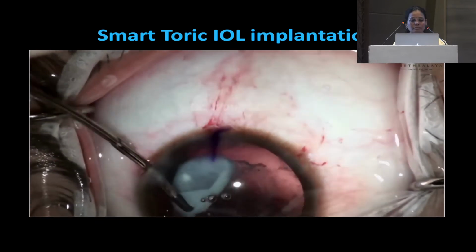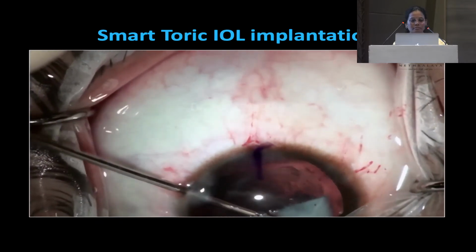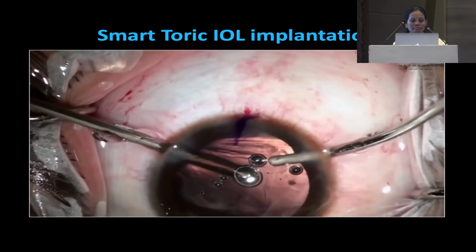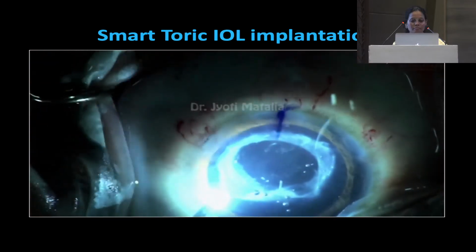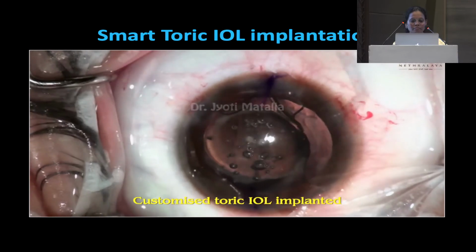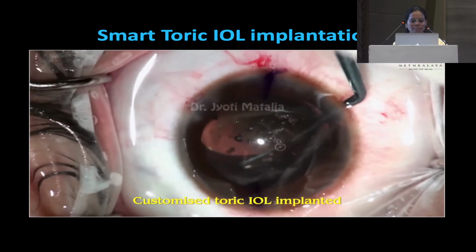The PC plaque was carefully removed and an anterior vitrectomy was done in the area of the pre-existing PC dehiscence, as is seen here. The endo illuminator was used for the same. The intraocular lens was implanted in the bag and adjusted along the markings.